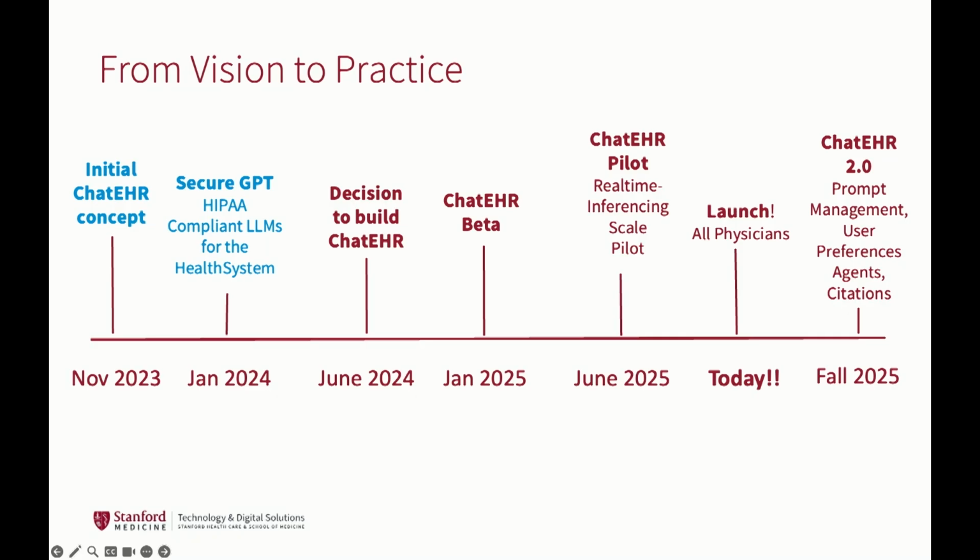Because if I'm a physician and I'm working with a patient and I want to put that patient's chart or information into Secure GPT and run some queries on it, I can't have another physician or another user of that Secure GPT also go in and query it and somehow find that same information. So that was the whole impetus behind what we built and the timeline that we had to build it in.